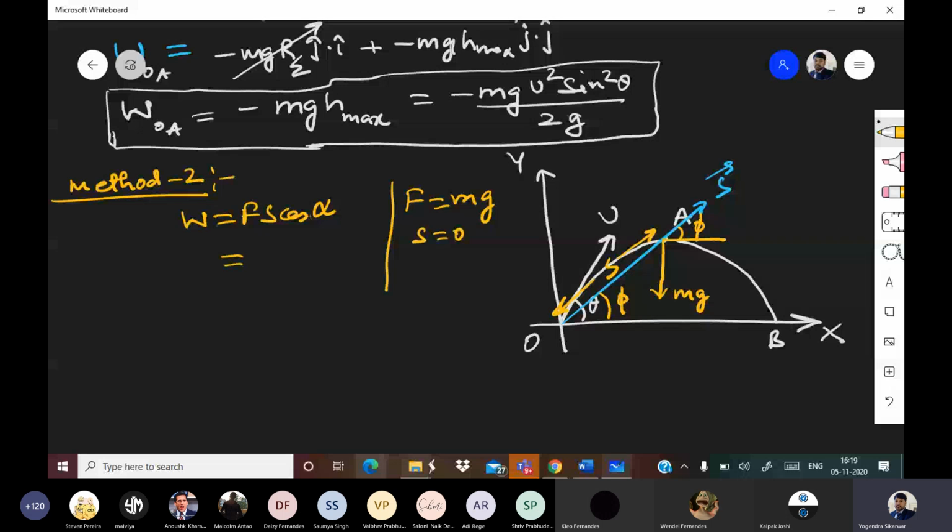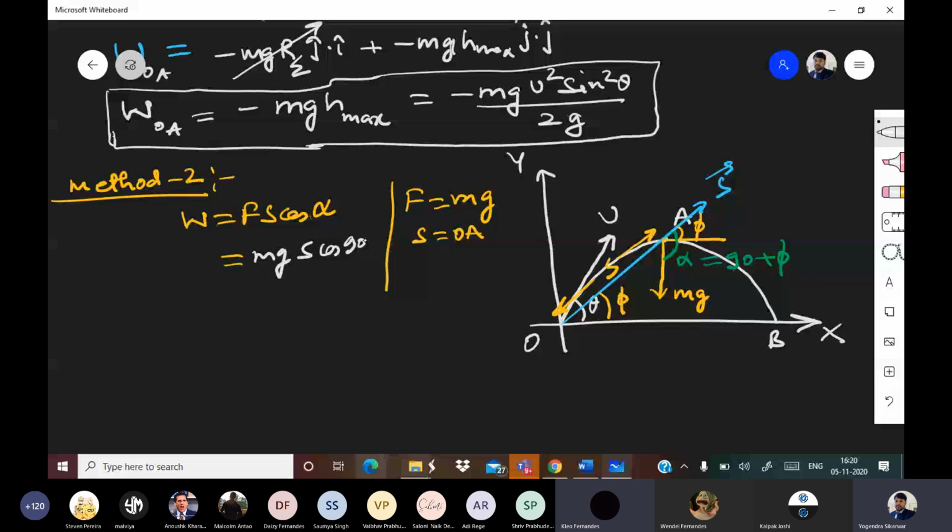Here alpha is the angle between F and S. This whole thing is alpha, so alpha is 90 plus phi.